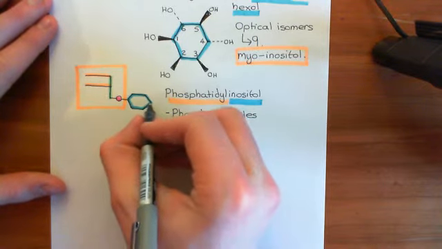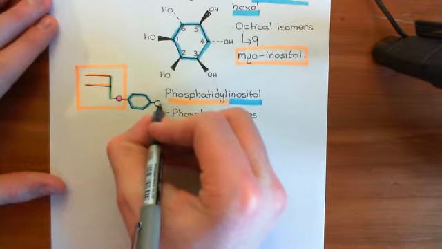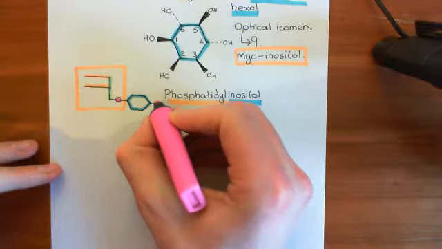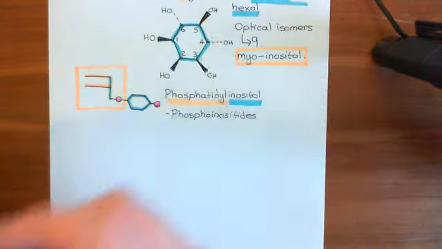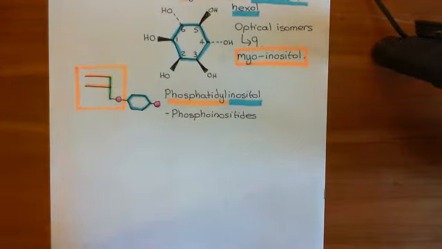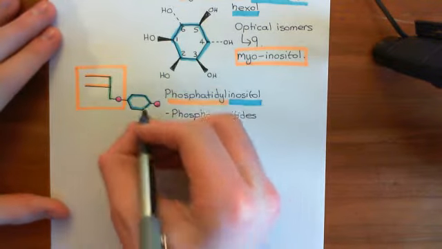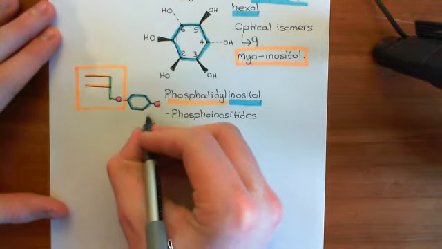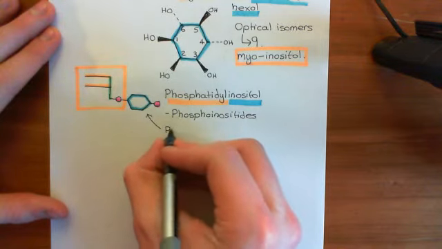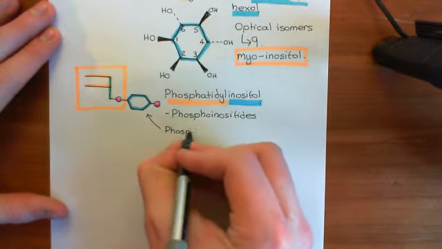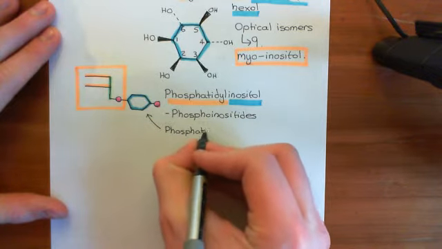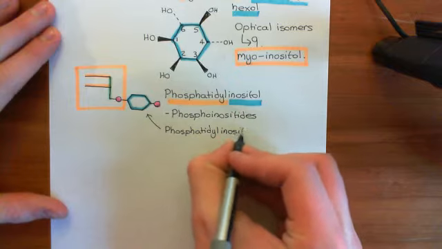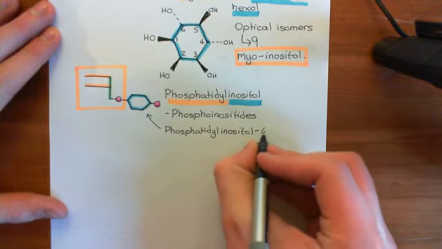So let me give you an example. An example would be we could phosphorylate this alcohol group that comes off the 4th carbon of the inositol ring. Okay, that would now be considered a phosphoinositide. The name of this, by the way, is phosphatidyl inositol, and now we just have to label the fact that it's got a phosphate group coming off that 4th carbon, so we call it phosphatidyl inositol 4-phosphate.